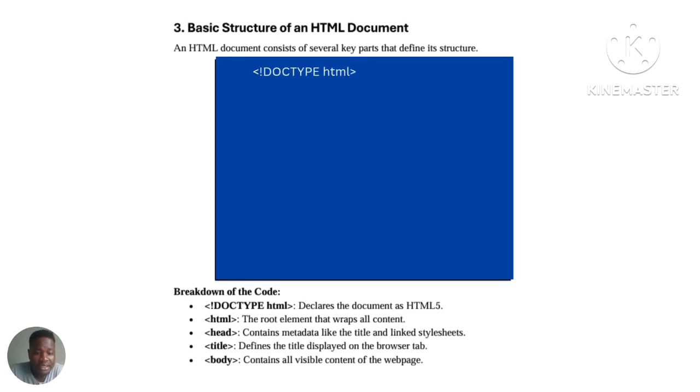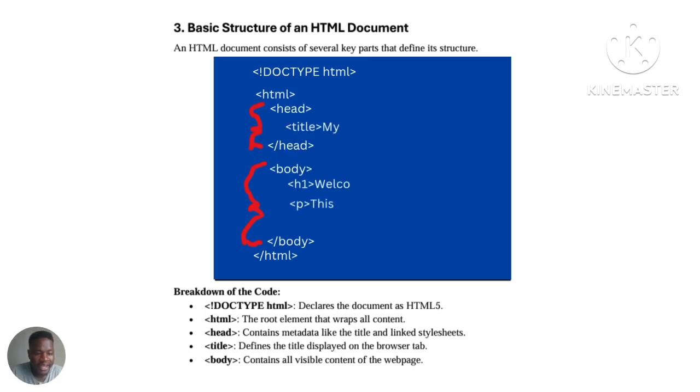We get a doctype that shows that this document is an HTML file. And then we'll move on to HTML. Please remember that I told you an HTML document contains the opening tag and the closing tag. So you begin with the opening tag and you end with the closing tag. So we'll move on to the head.